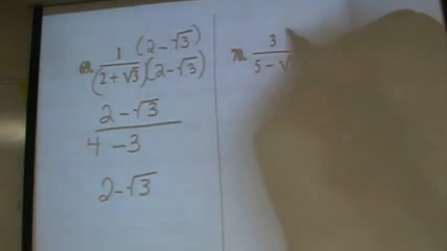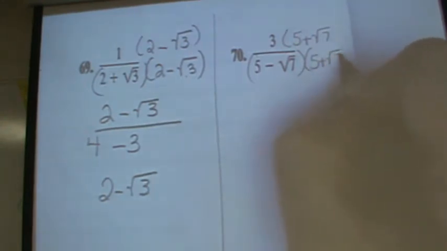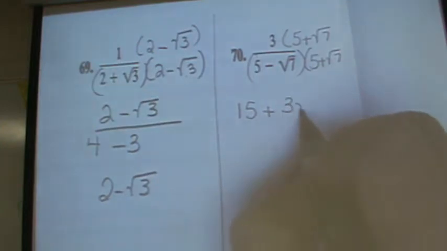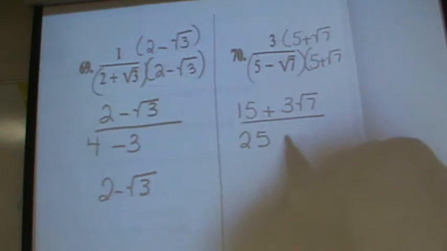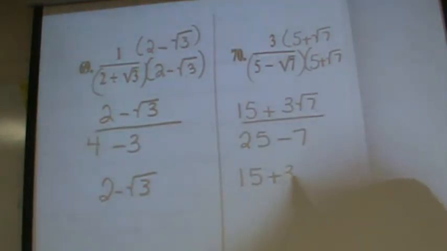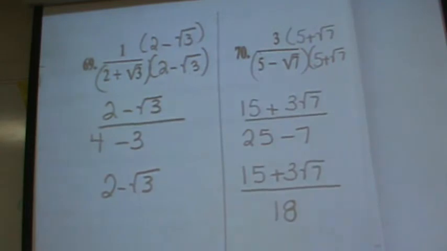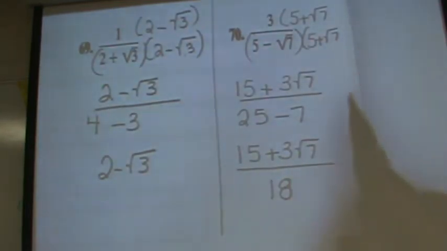And number 70, you're going to multiply by 5 plus root 7. So 15 plus 3 root 7 over 5 times 5 is 25, and then minus 7. And this is going to give you 18. Now, is there a number that can go into 15, 3, and 18?